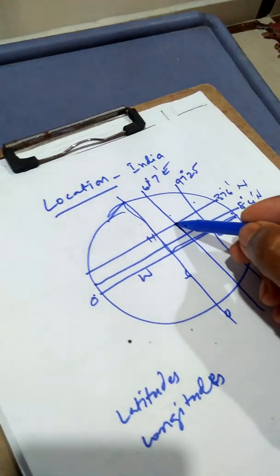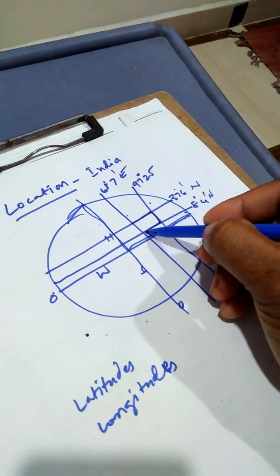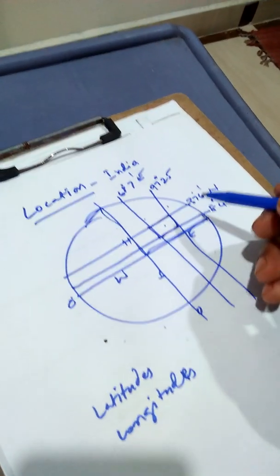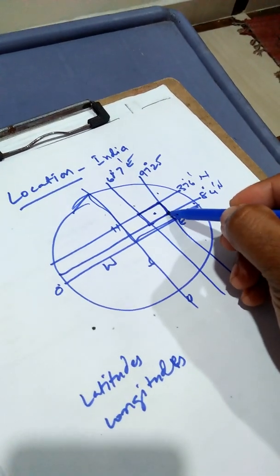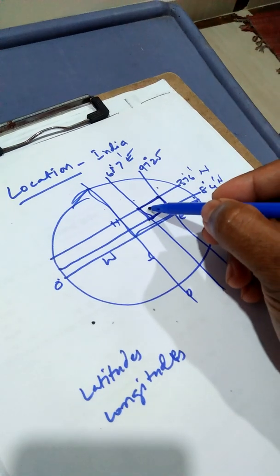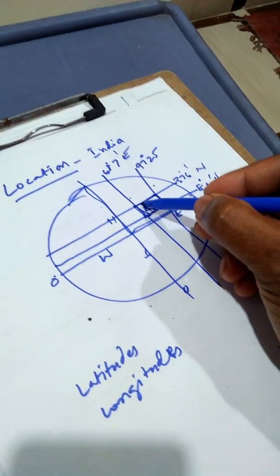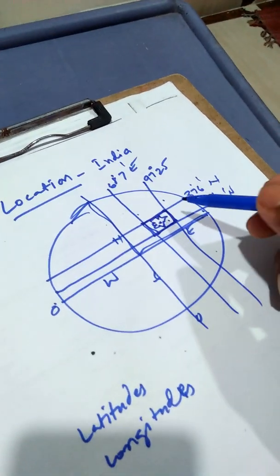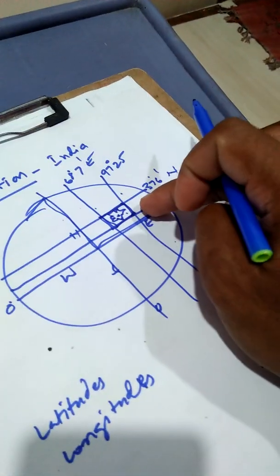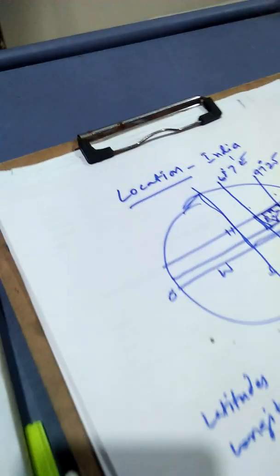The intersection of latitudes and longitudes forms a grid. This grid is used to locate places. So in this grid, India is located, in the northeast part of the earth. Very simple.